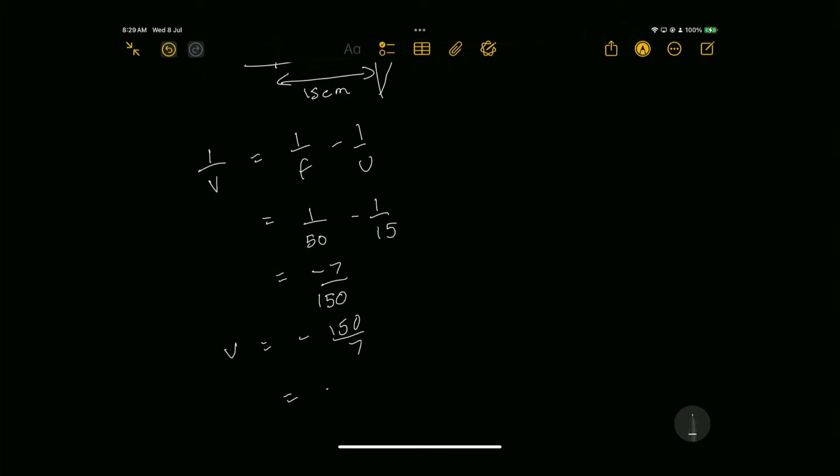Which would be equal to negative 22 and 4 over 7, right? That would be how much? 22 point how much?